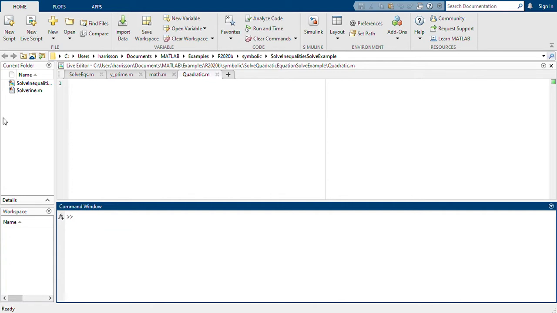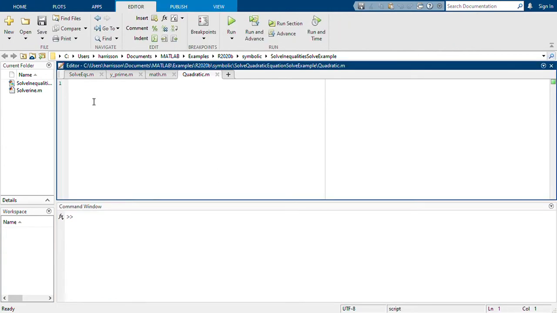Okay, so first of all, let's go to the script. To define an equation, you need to define the variables and the constants, that is, declare the symbols of an equation.